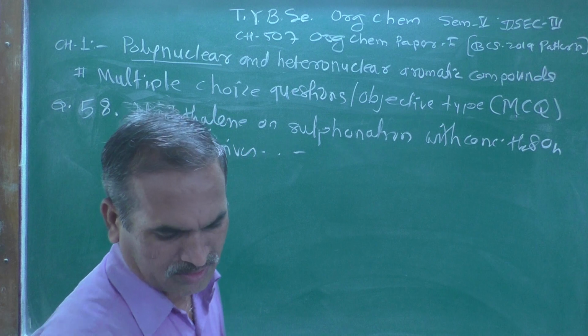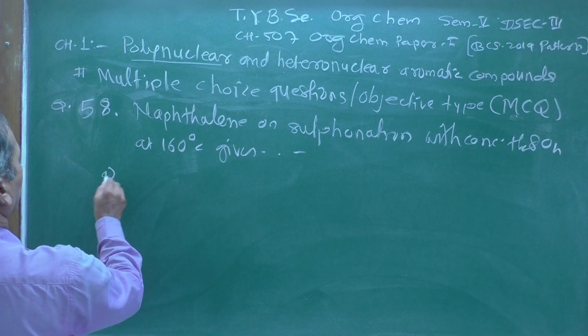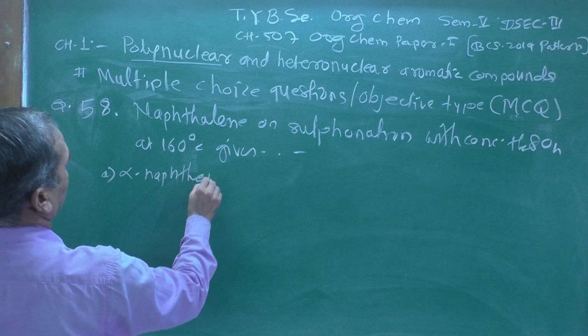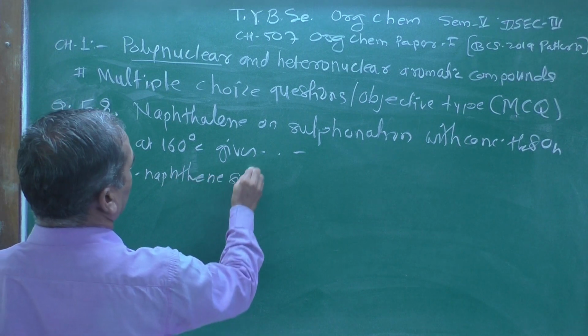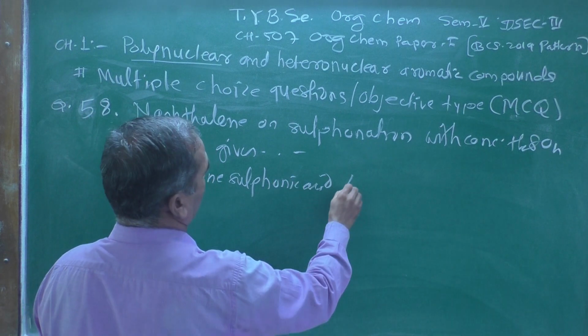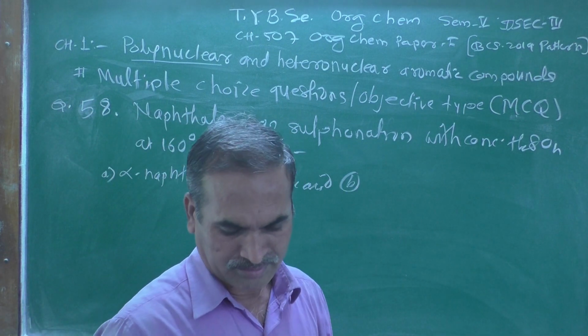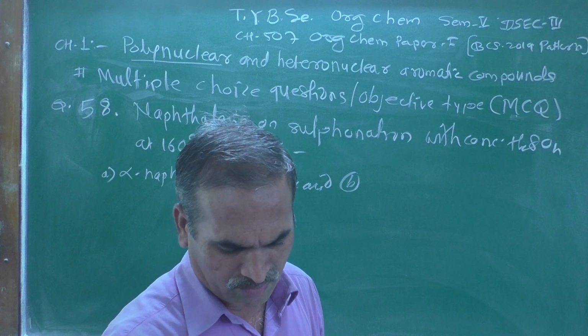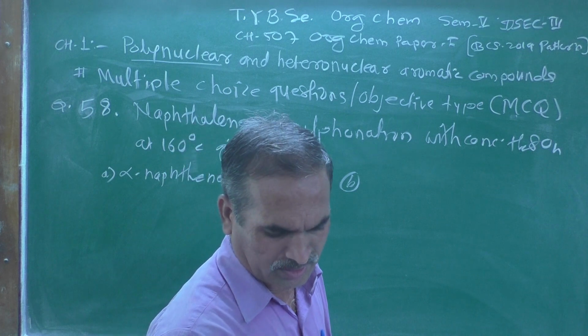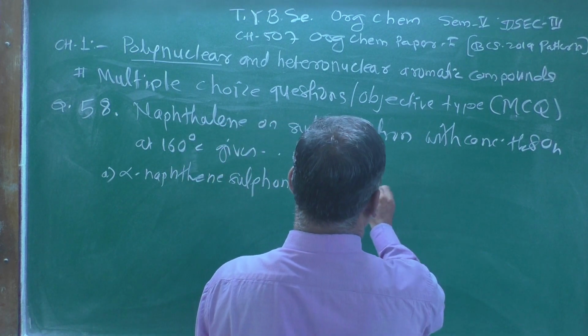A: alpha naphthalene sulfonic acid. B: alpha and beta naphthalene sulfonic acid.